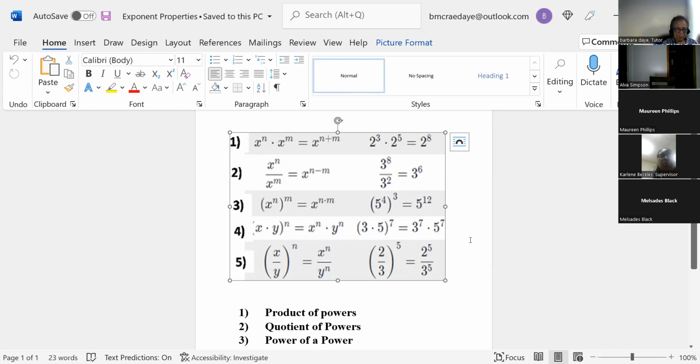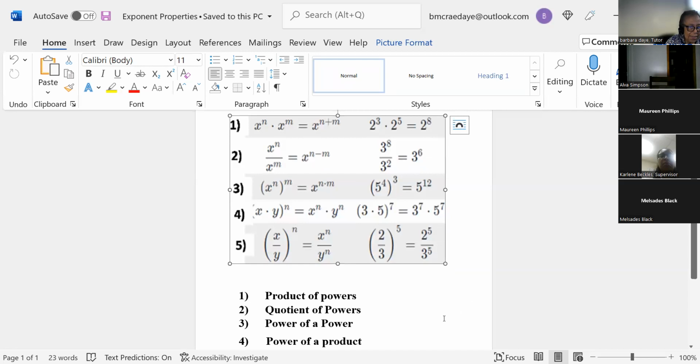Now, number 4 is the power of a product. So that's a multiplication. This parenthesis is not really clear, but it should be parenthesis x times y raised to the n. That's the same as breaking this up into x to the n times y to the n.